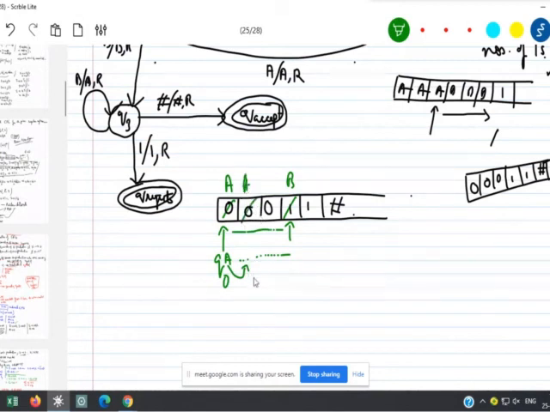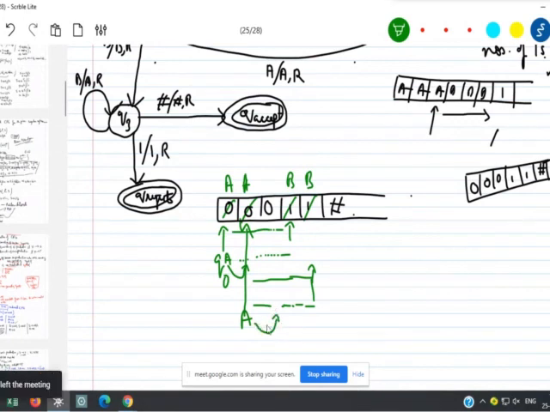Now scan it. If you find 0 or B, whatever, don't disturb it. Just keep moving. Once you find 1, replace by B. Again, once you find B, come back, move towards the left side. If you find B, do not disturb it, leave it as it is. If you find 0, do not disturb it, leave it as it is, till you find A. Once you find A, come back to the right side.